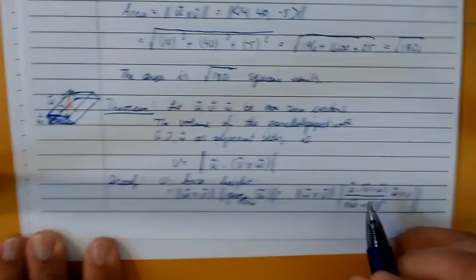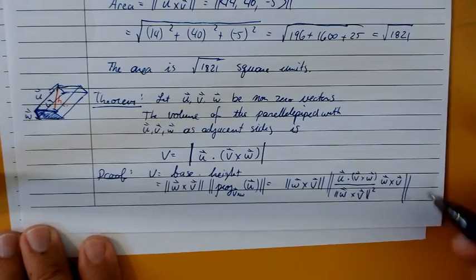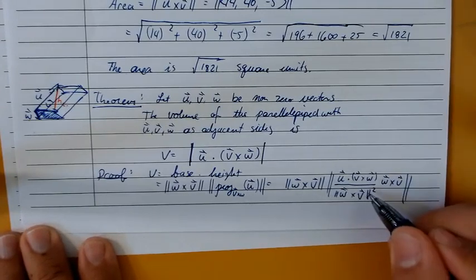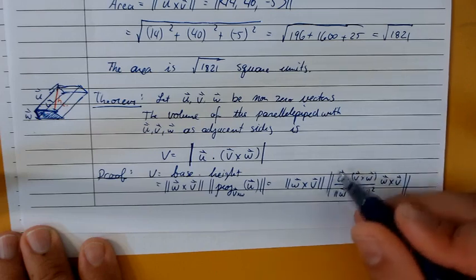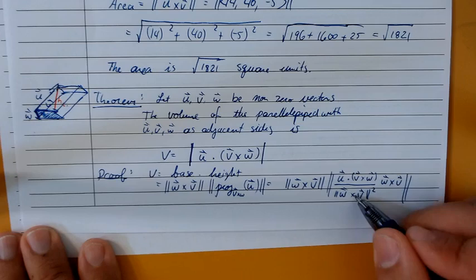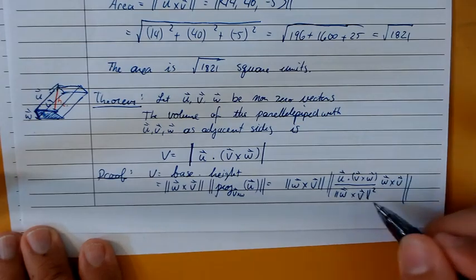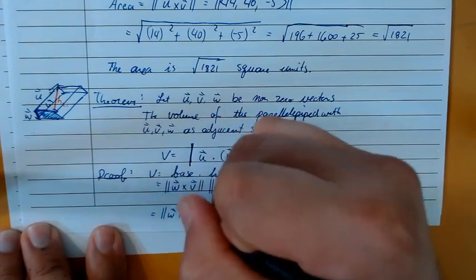Now notice, this should be a vector. But we're looking for the magnitude of the vector. So when you take the magnitude of that vector, notice that's already down here. Basically this divides one of these. So here we can write this as the magnitude of w cross v.